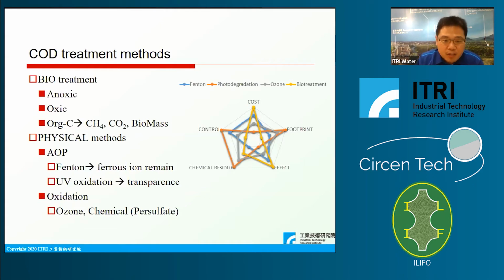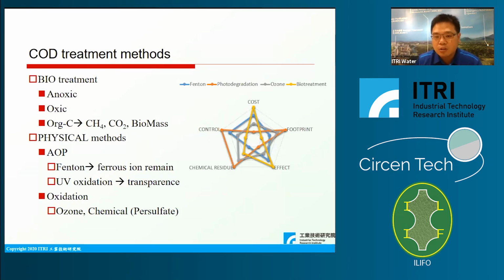And the final one is oxidation, using ozone or chemicals like sulfate. Here you can see the comparisons between these methods. You can find that the biological method gives low cost and high efficiency.